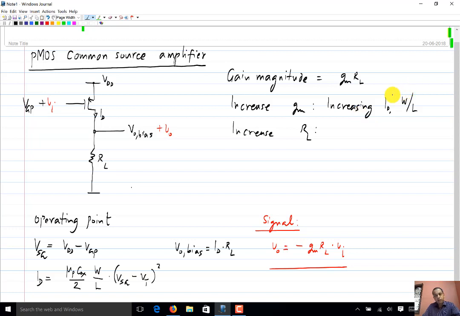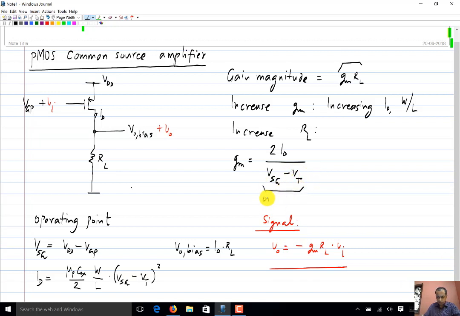To see that clearly, let's look at this expression and relate it to the bias current. We know that one of the ways to express GM is to write it as 2 times the current in the MOS transistor divided by the source gate voltage minus the threshold voltage.